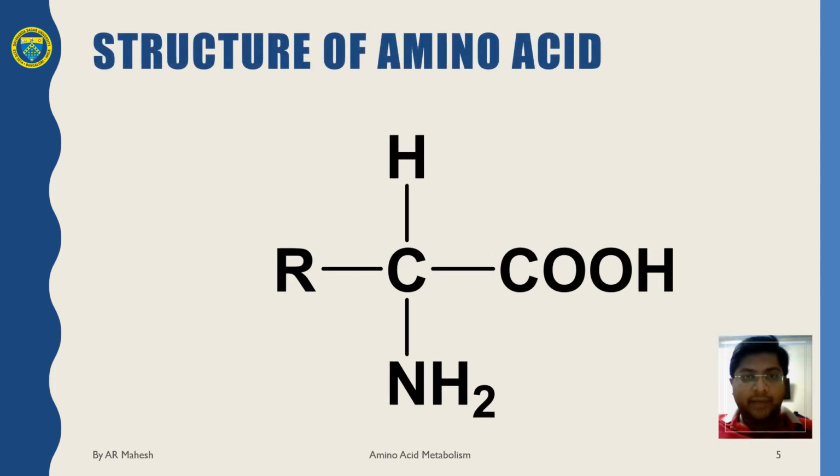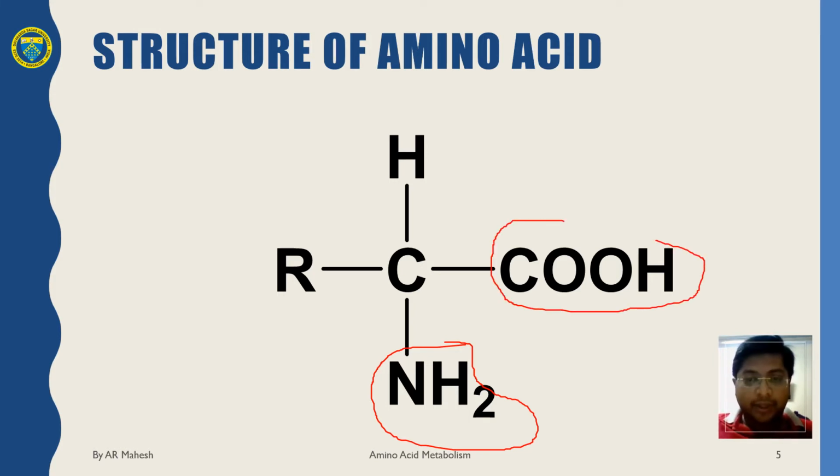Structure of amino acids. These amino acids are made up of an amino group, which is alkaline, and a carboxylic acid group, which is acidic in nature, and they are termed amino acids if both the functional groups are attached to the same carbon atom.